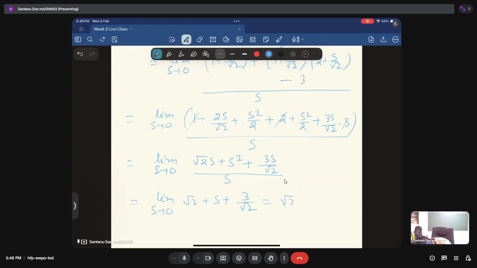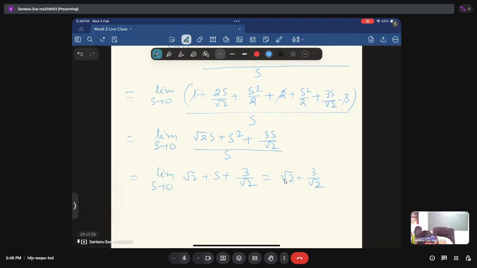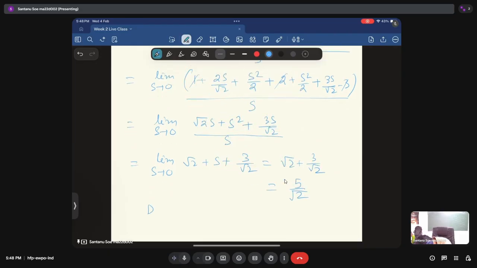So this is root 2 plus 3 by root 2. Okay, so that should be 2 and 3, 5 divided by root 2. Sorry, this is root 2. So this is the answer. So D_u f at (1, 2) is 5 divided by root 2.